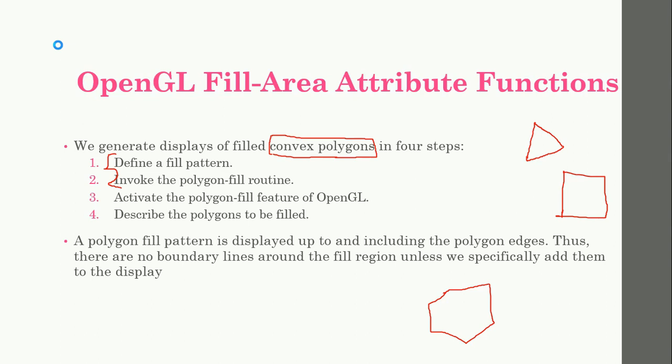In the next example, you had another kind of pattern, a polygon filled with a certain pattern or color, but there were no edges actually displayed. So there can be two kinds. If you want to display the edges, then you have to specify it in your program.